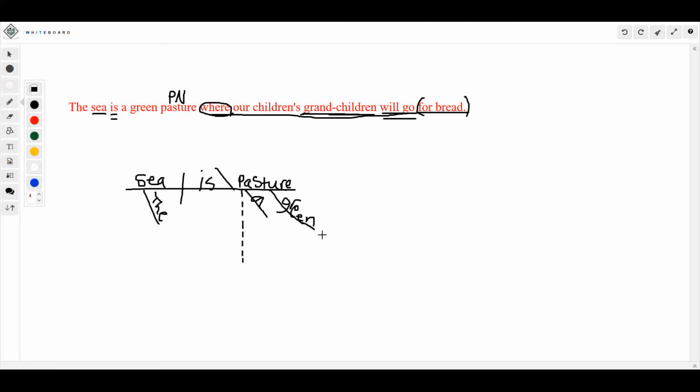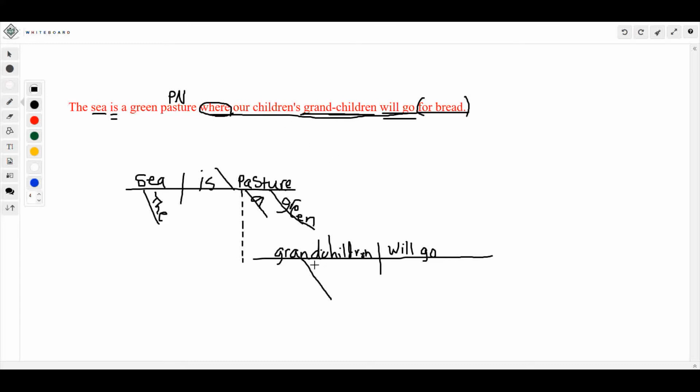Now, let's go ahead and diagram this clause. Our verb is will go. Our subject is grandchildren. Now, children's, like I said, is an adjective that's modifying grandchildren, which there should be a dash in there.